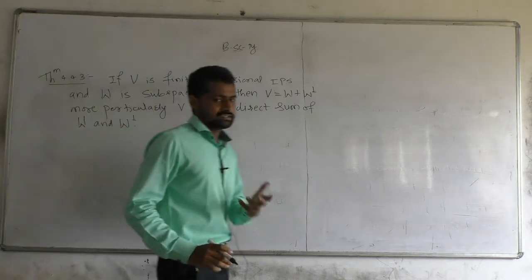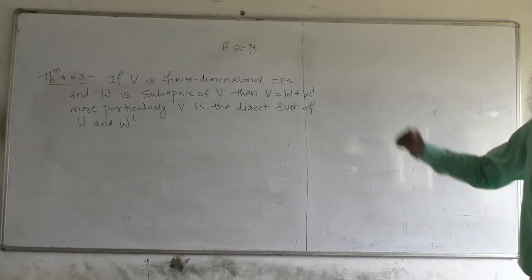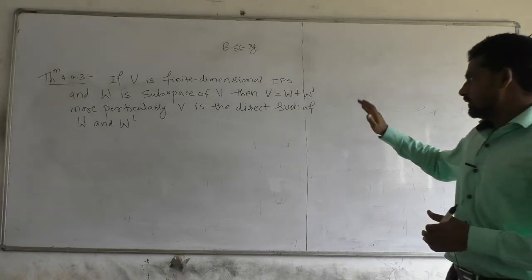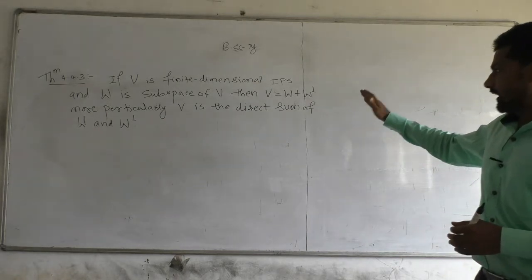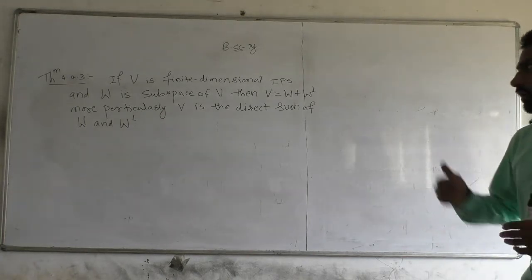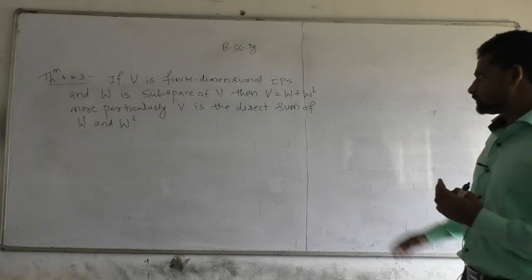So first understand the statement of this theorem. If V is a finite dimensional inner product space and W is a subspace of it, then V is a direct sum of W and its complement. That is, V is an internal direct sum of subspace W and its complement.